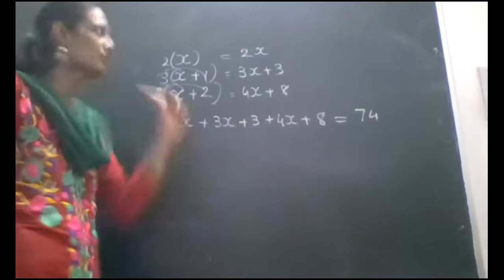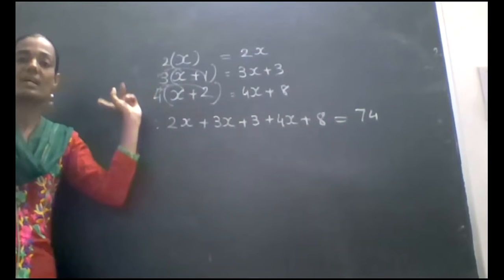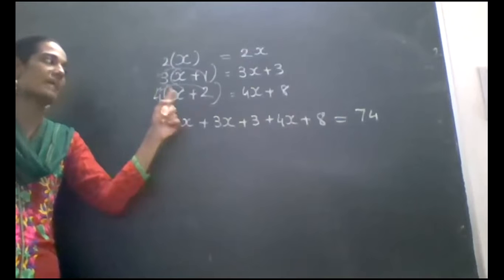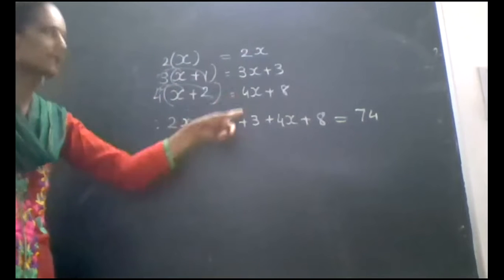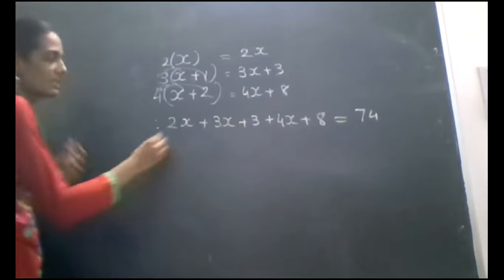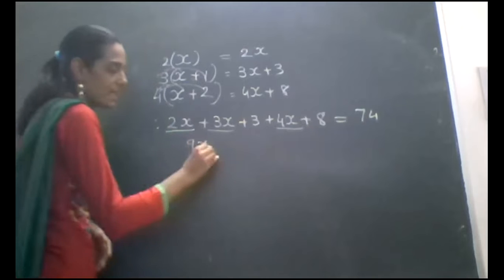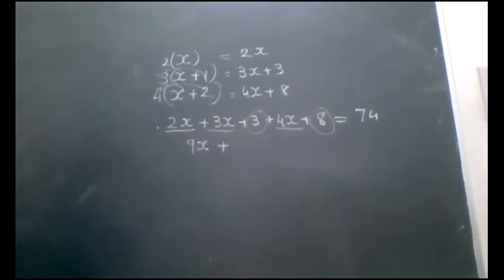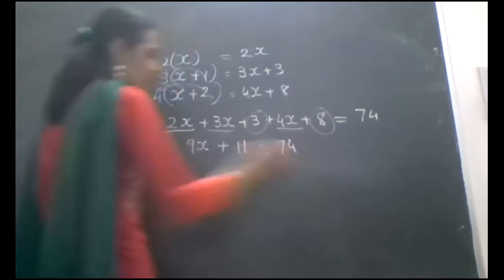But you have to write in full: the first consecutive number is x, second consecutive number is x plus 1 and third consecutive number is x plus 2. Then you will multiply the numbers and you will get the answer. Okay? 2 plus 3, 5. 5 plus 4 becomes 9x plus 3 plus 8 becomes 11, is equal to 74.